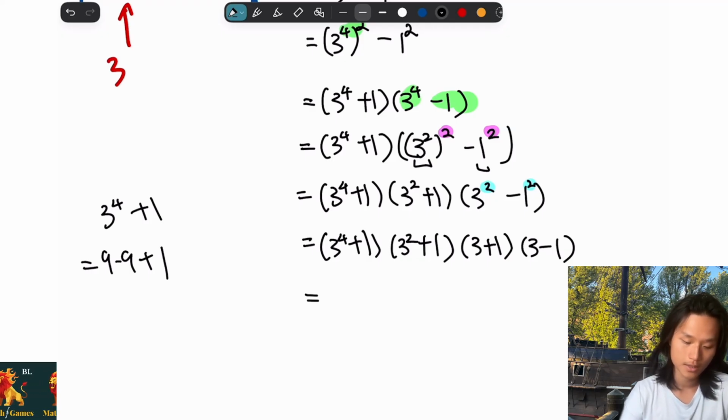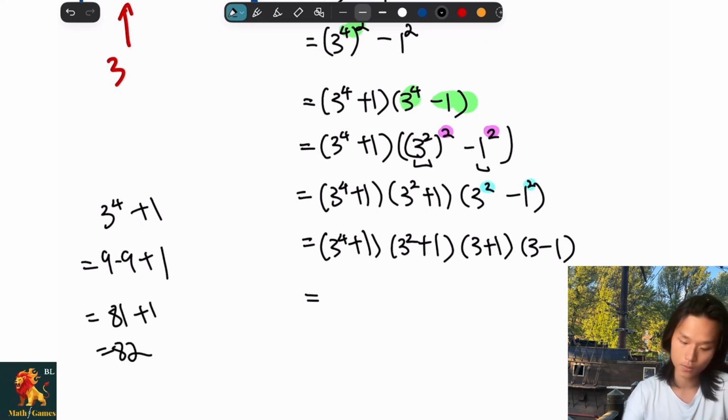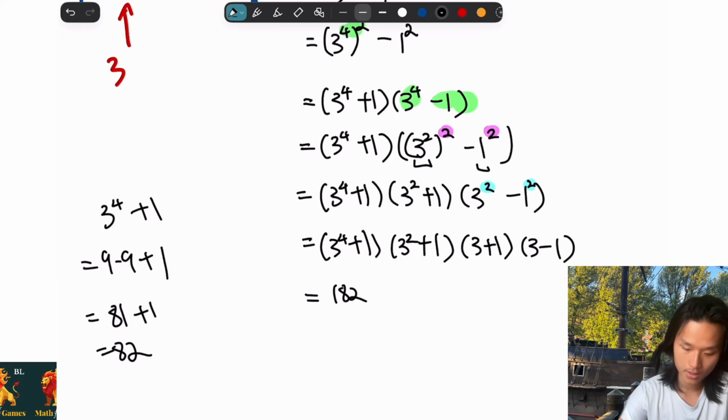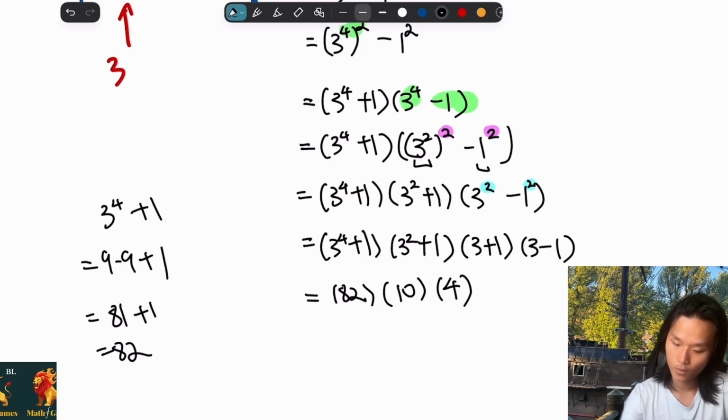So that is 81 plus 1, so 82. So we have 82, and then 3 squared plus 1, that's 9 plus 1, so that is just 10. And then we have 4, and then we have 2.